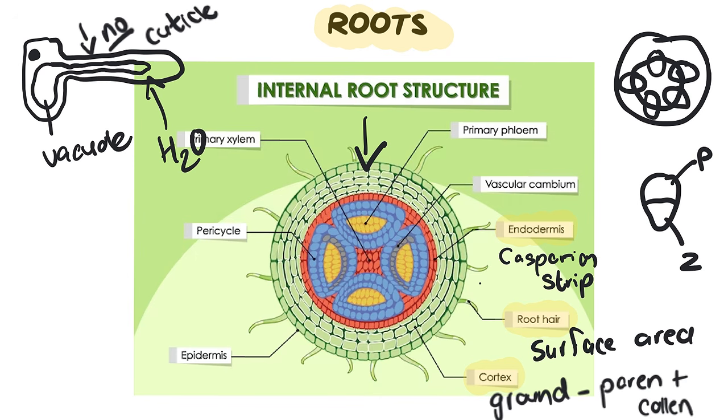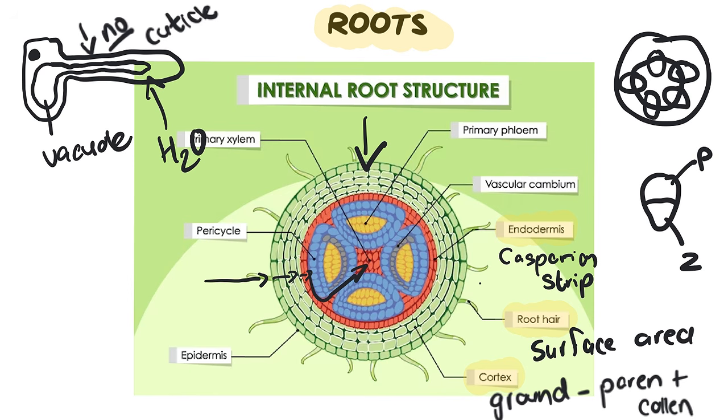Now, the Casparian strip is a waterproof layer that makes sure water gets where it needs to go. Now, again, I'm going to elaborate this more when we do transport of water in plants, but essentially, water is going to go from the outside soil into the root hair, through the cortex, through the endodermis, around the Casparian strip, and then into the xylem.